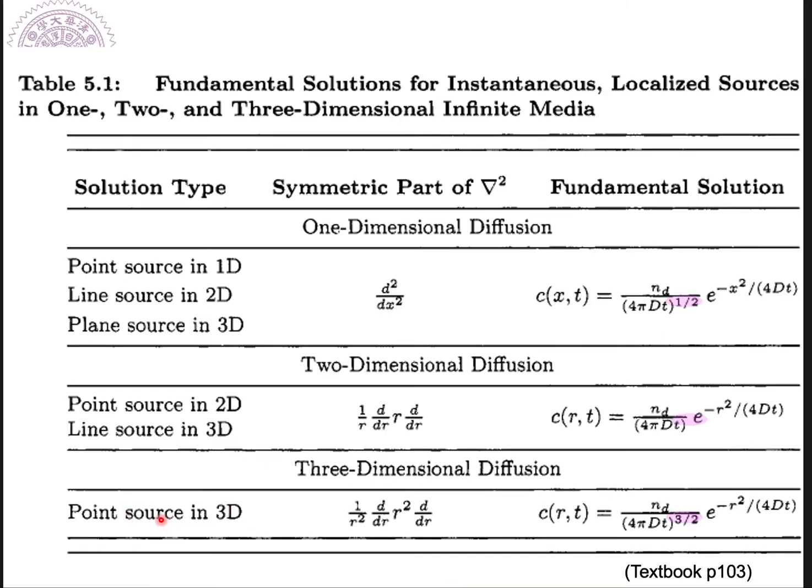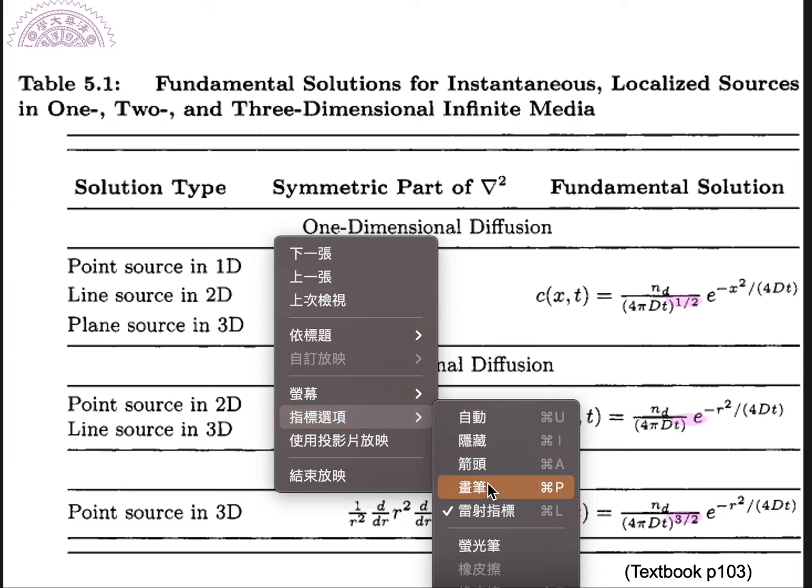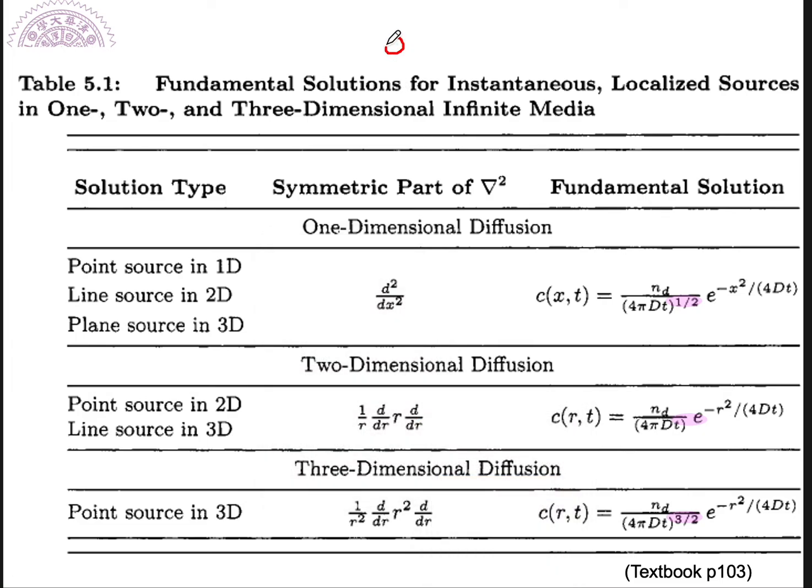So for the three-dimensional, or I mean the two-dimensional cases, like a point source diffusing into a two-dimensional matrix. For example, if it is a point source here and diffuses into a two-dimensional matrix, it can be like this, so it will be a two-dimensional diffusion process.